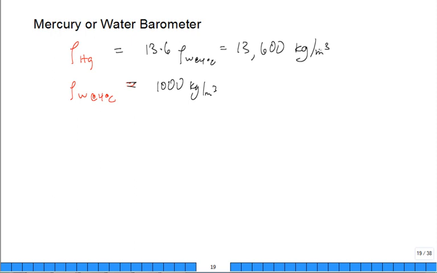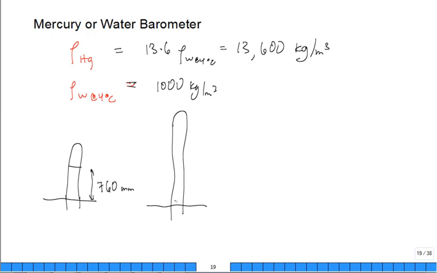So I said for the barometer that was mercury filled, we anticipate the height to be 760 millimeters. True? Let's say somebody says, I don't want to work with mercury. No. We want to work with a water-filled barometer. How tall does the water-filled barometer need to be?